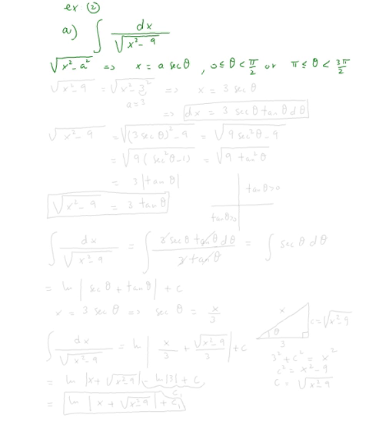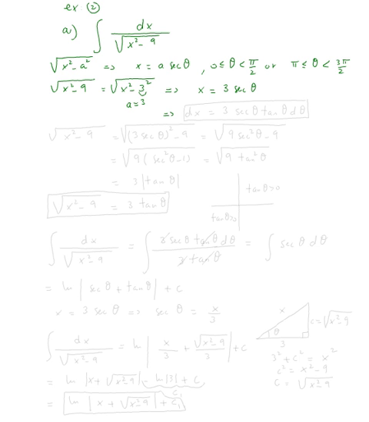In other words, we want it to be in the first quadrant or the third quadrant. Okay, square root of x squared minus 9 is the same thing as x squared minus 3 squared radical, which means a is equal to 3, which means we're going to use x equal 3 secant theta.